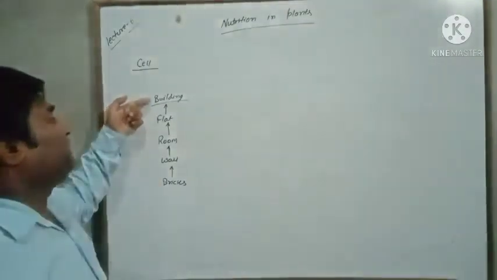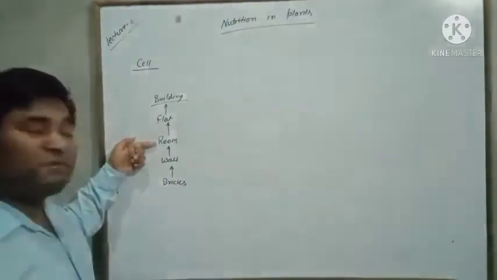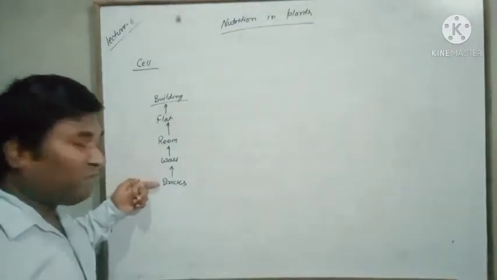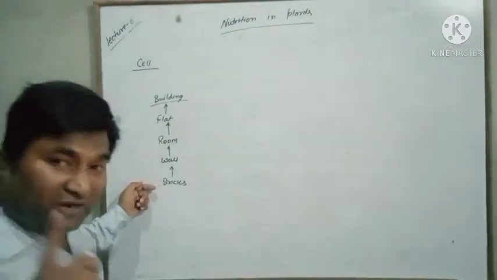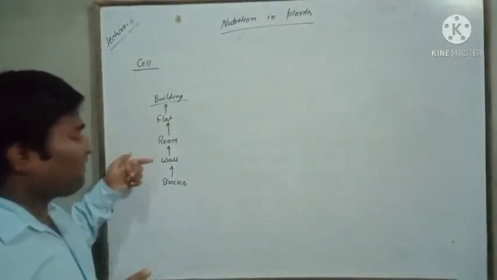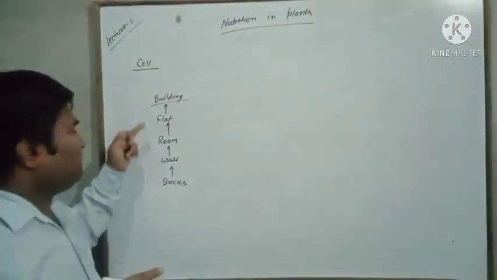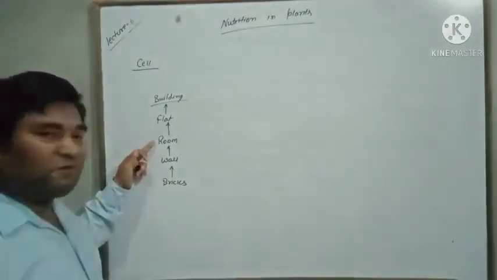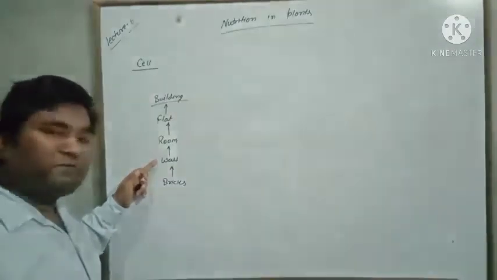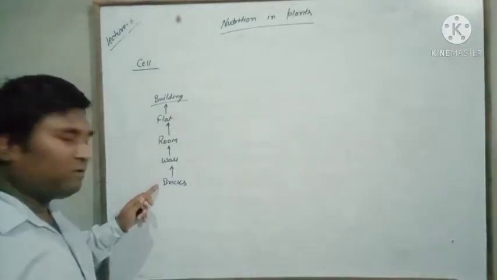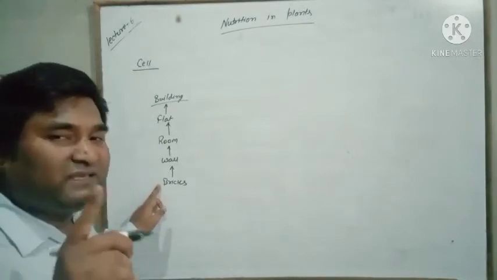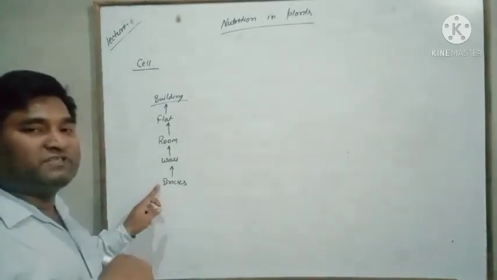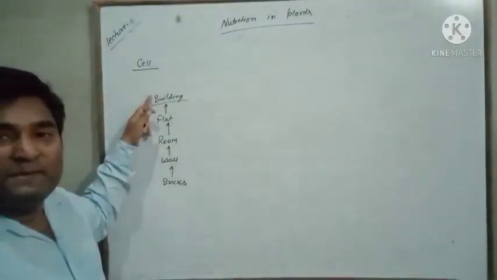You will say, sir, a building is made up of flats, made up of rooms, made up of walls, made up of bricks. But you cannot make a flat without rooms, you cannot make a room without walls, and you cannot make walls without bricks. Means the brick is the smallest unit required to make a building.